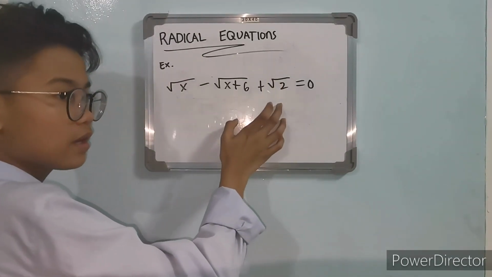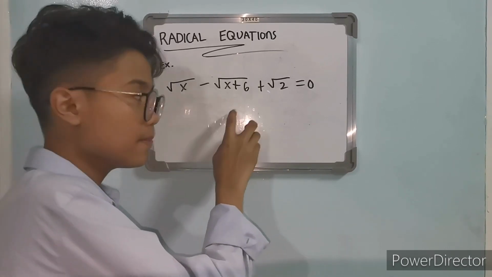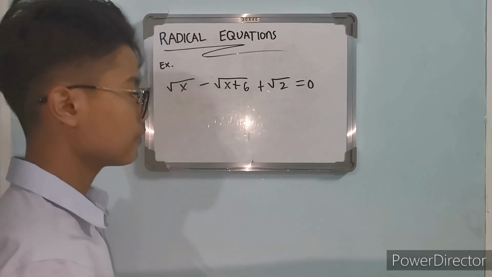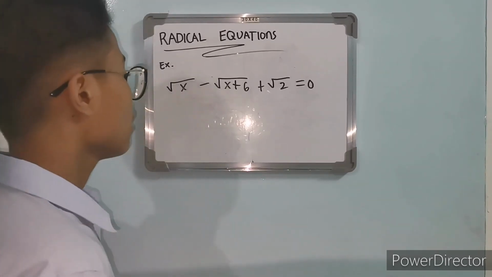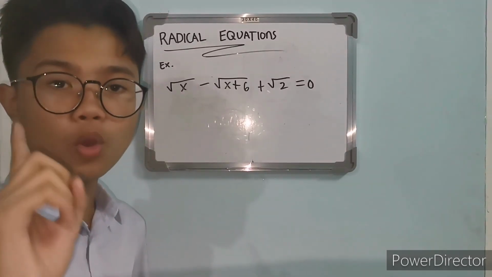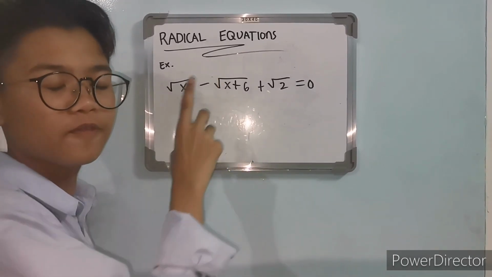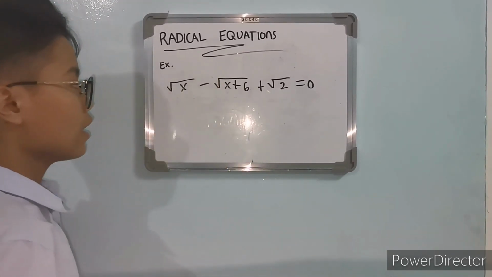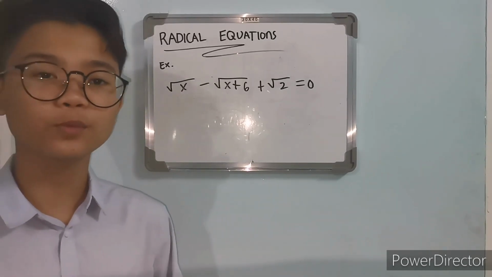We have three expressions here that all have radical symbols, right? So what we need to do now is pick one radical expression to isolate from the rest before we start our solution. I'm going to give you a moment. Which one do you think is the right one to transpose?